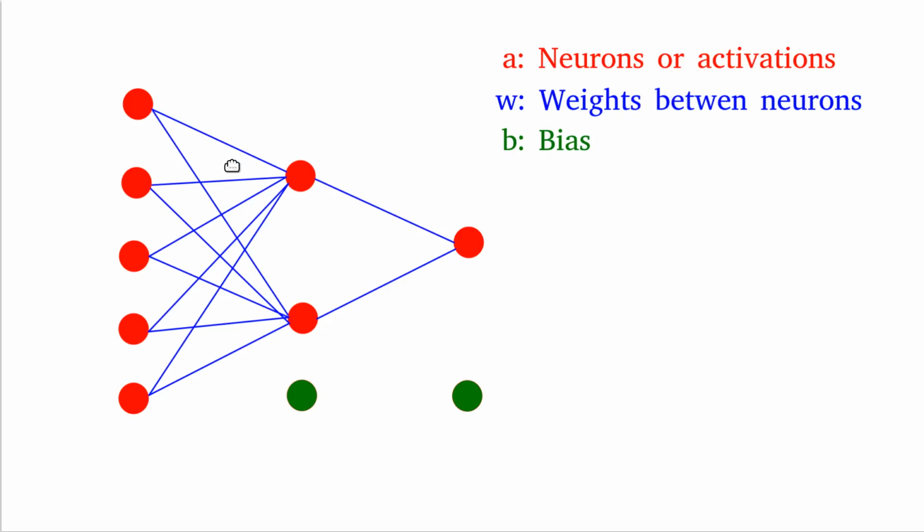They're denoted in blue, and then the neurons or activations are denoted in red, and these biases are denoted in green. So each neuron in one layer depends on every single neuron in the previous layer, with weights, and then you also have biases.